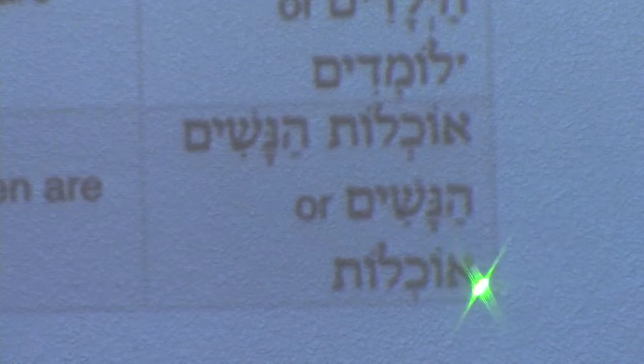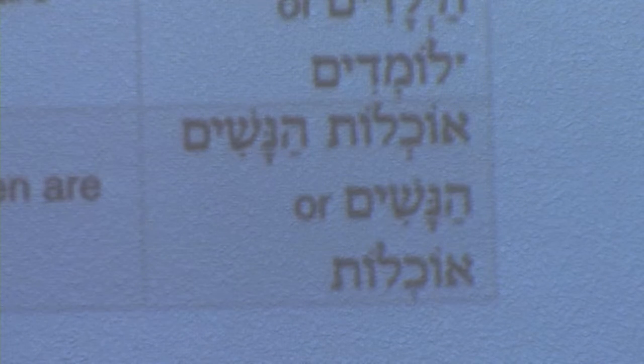Ochelot hanashim or hanashim ochelot. And see, the schwa stops our syllable, right? So it's not sounded. That schwa is not a sound. It's silent and it's a stop. Ochelot.